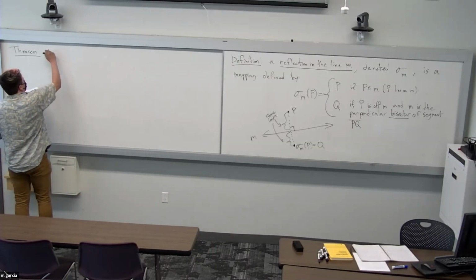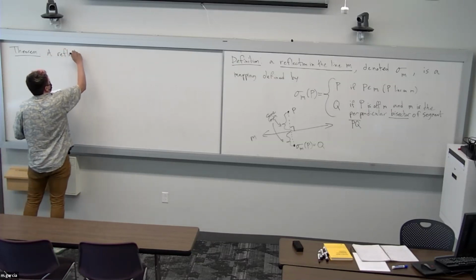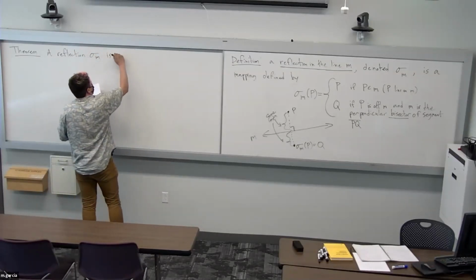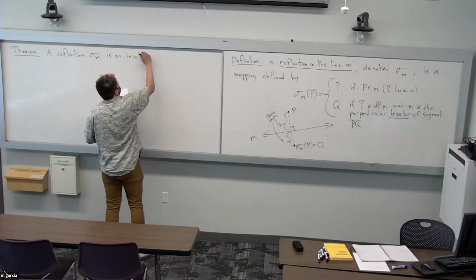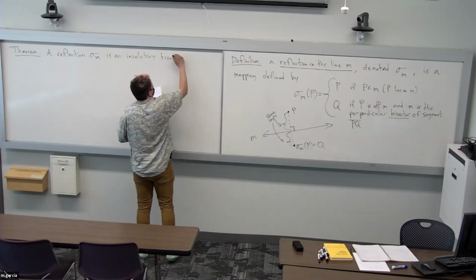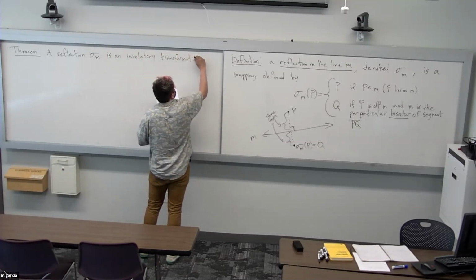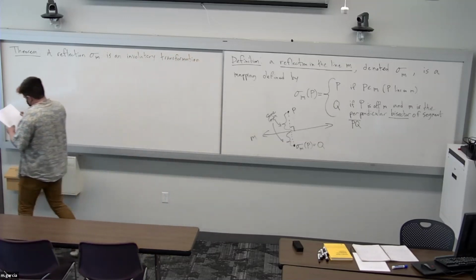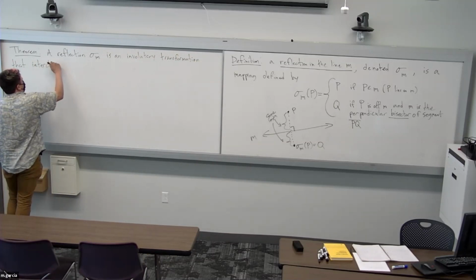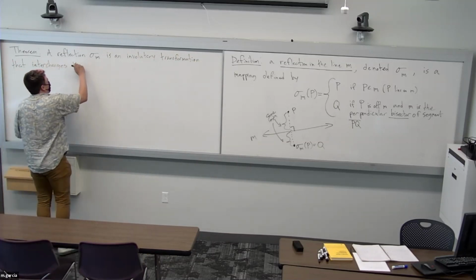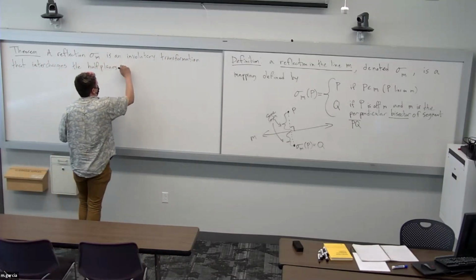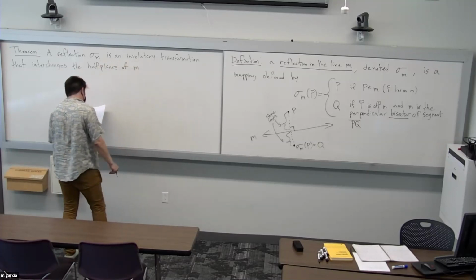A reflection sigma sub M is an involutory transformation that interchanges the half planes of the line M.